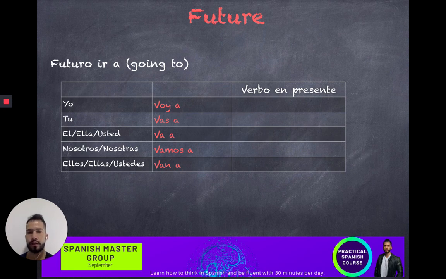But as it is going to, ir a, entonces yo voy a, and the verb in present, any verb. Tú vas a, él, ella, usted va a, nosotros, nosotras vamos a, ellos, ellas, ustedes van a.